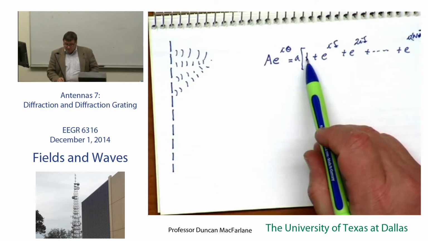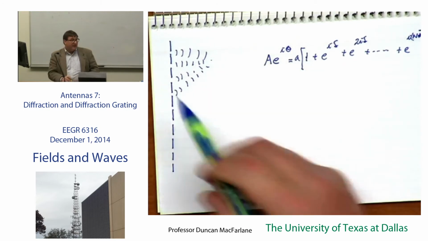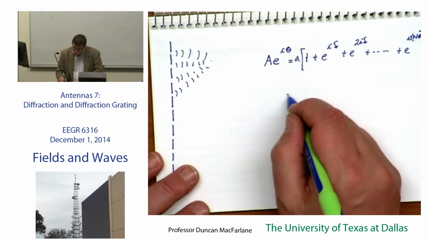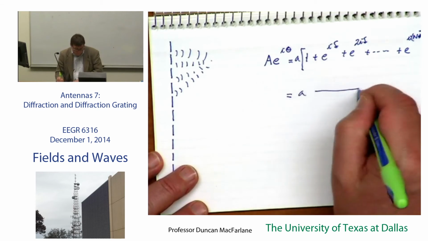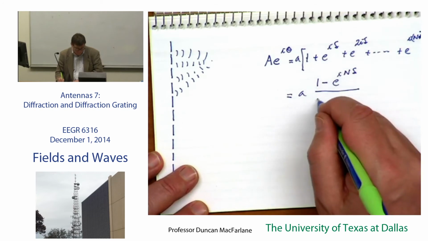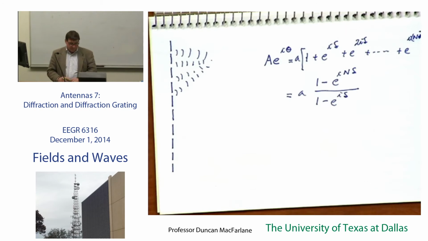So I'll have a slit at the center, and then I'll have slits out to n-1. You can look at this as just an FIR filter with different delays from each one of those openings, each one of those apertures. And this finite sum can be rewritten more compactly.